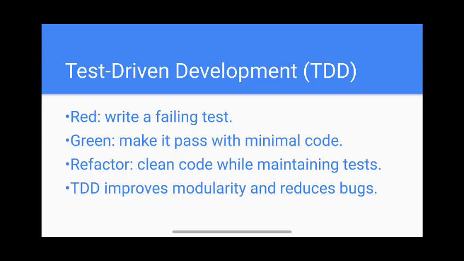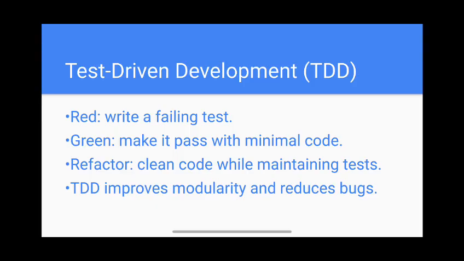And the TDD cycle includes red-green-refactor. The red is write a failing test, so define desired behavior through a test, or a test fails because the functionality doesn't exist yet.